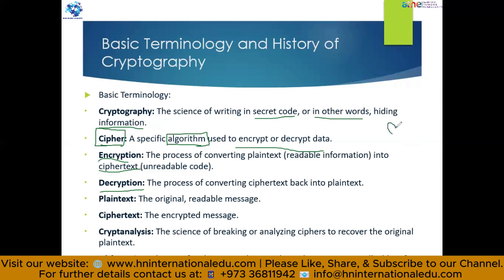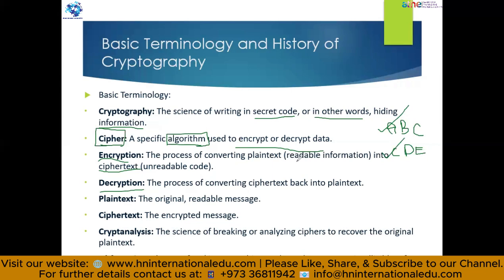For example, A, B, and C, we are going to replace with C, D, and E. So this one is the plain text, and this is the ciphertext.